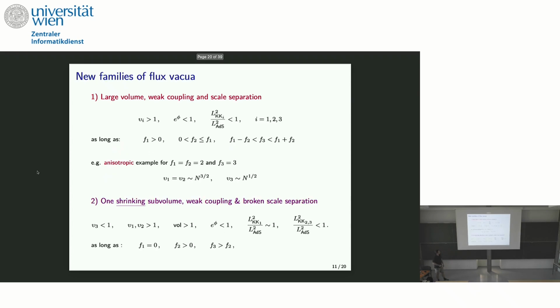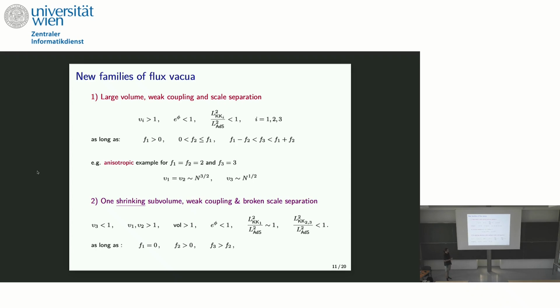Now, let's impose the following. We require our internal space moduli, the subvolumes of the internal space, to be always larger than the string coupling. We want the weak coupling, the string coupling, to be small, and we want the 3 conditions that we have for scale separation to always be satisfied.